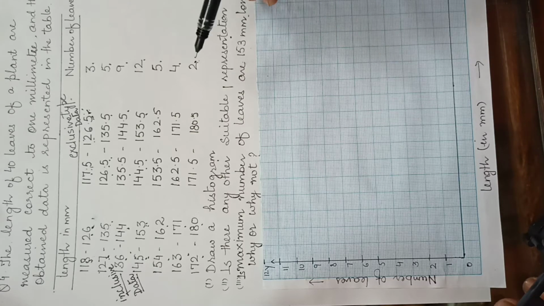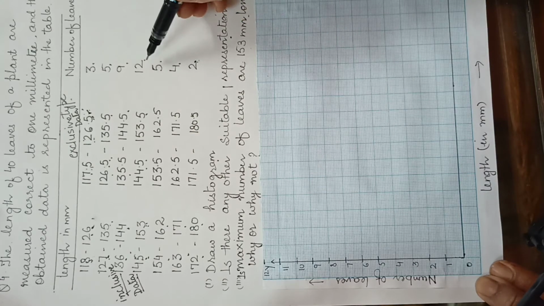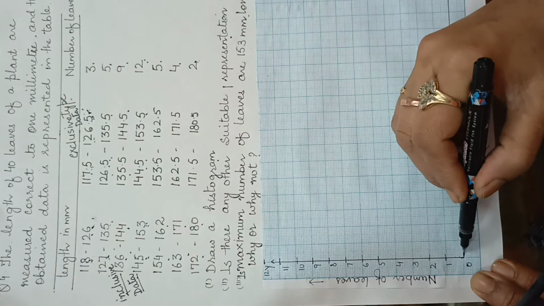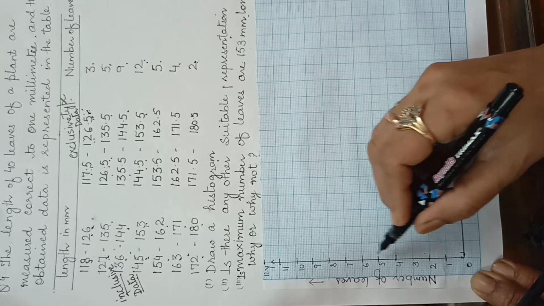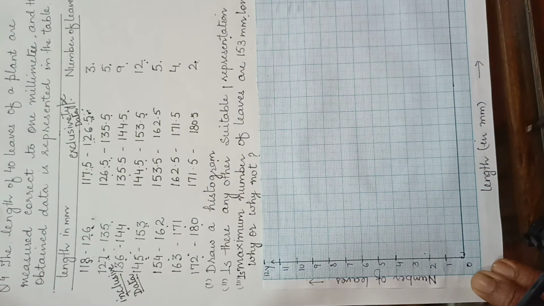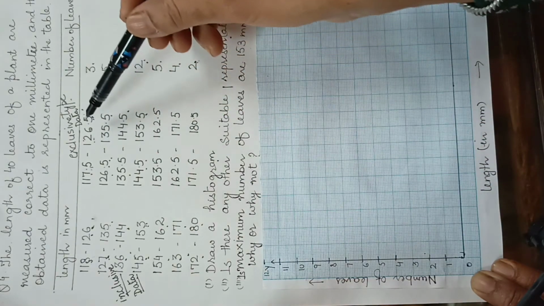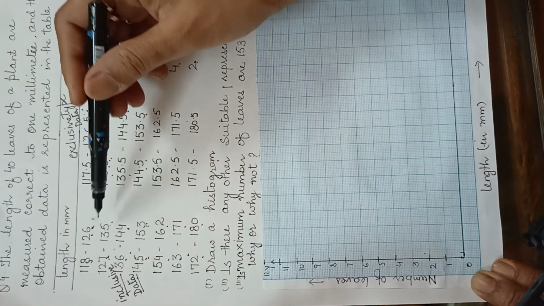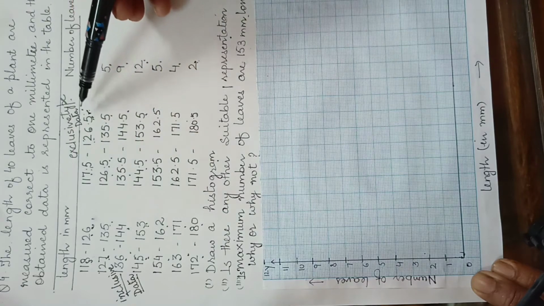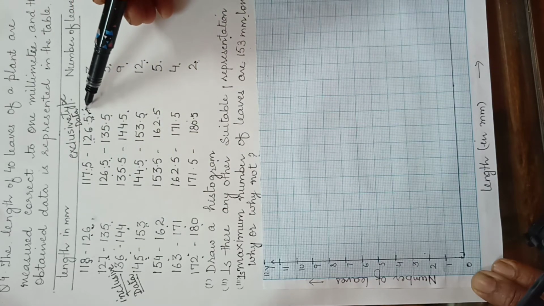Children, here your data is given maximum to 12. So on the y-axis, I have taken here 0, 1, 2, 3, 4, 5, 6, 7, 8 up to 12. On the x-axis, we are taking length in millimeter. So first we are observing here class size 8 is here and 8 is here also.